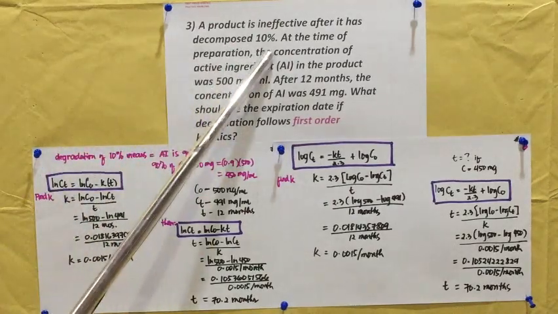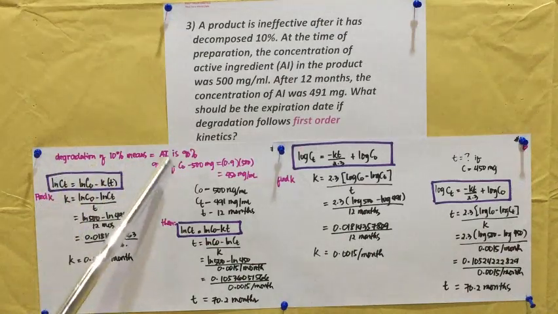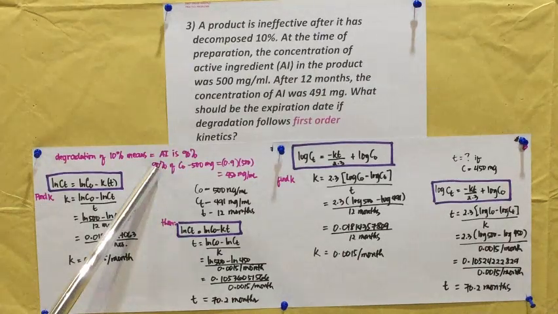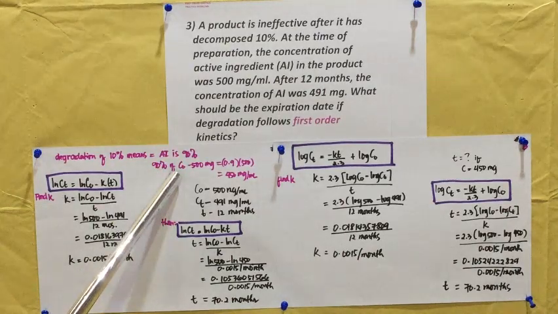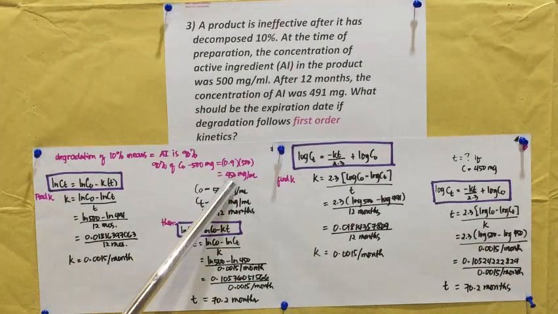Decompose 10% would mean that the active ingredient is only 90%. So, 90% of the initial concentration, which is 500 mg, is equivalent now to 450 mg per ml.